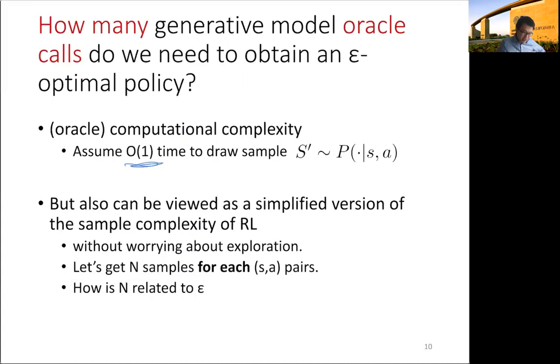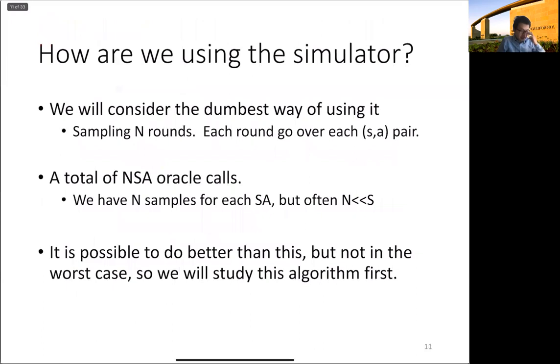On the other hand, if we think about this as a simplified version of reinforcement learning without worrying about exploration, then this is more closely related to sample complexity: how many times we have to interact with the world and collect data, and how many data points we need in order to learn a policy that's sufficiently close to the optimal policy. So this is the goal of the setting.